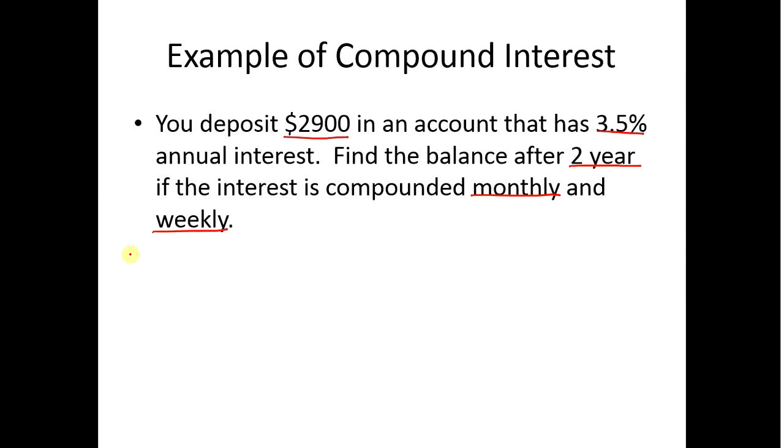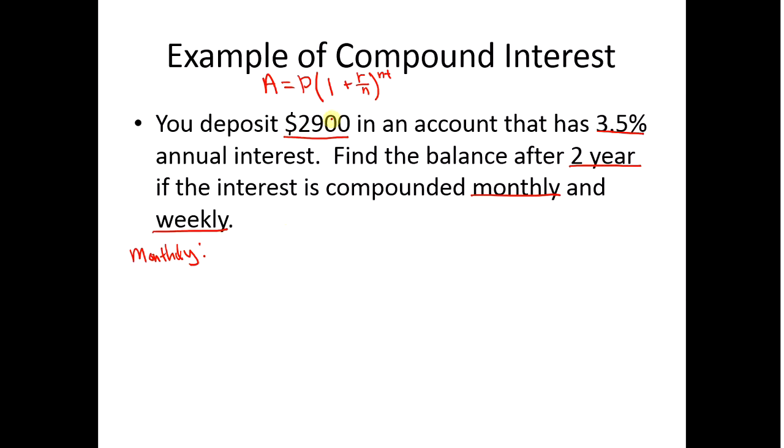I'm going to do the monthly one right here. Let's do him first. So I'm going to set up my formula. Remember, it's A equals P times 1 plus r over n, to the nt.